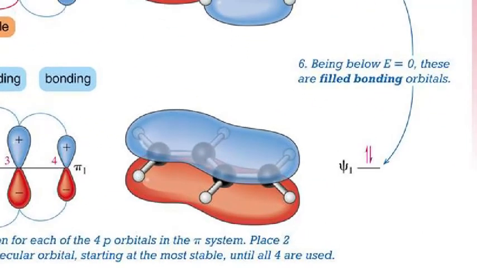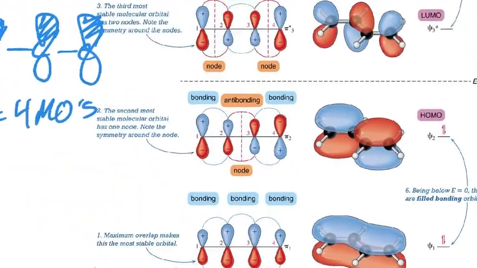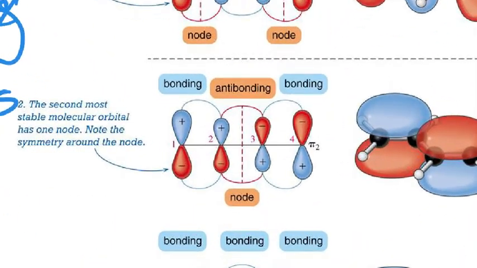And you can see here's the molecular orbital. Looks like a big sandwich, maybe a hoagie or something, with the top and bottom buns, all with the positive overlap. The second one has bonding here, bonding there, but anti-bonding in the middle.